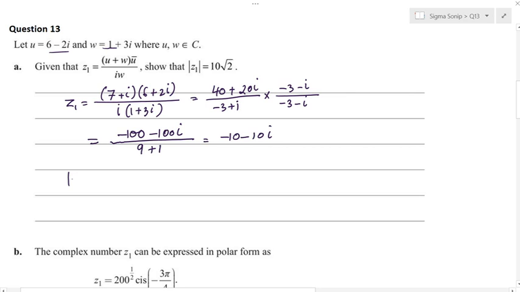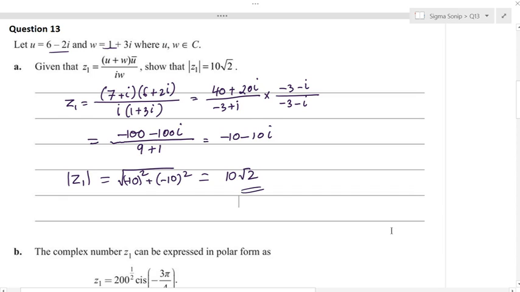So if you want to now find the mod of this, all you need to do is you do minus 10 square plus minus 10 square, which basically is 10 raised 2 as was required there.